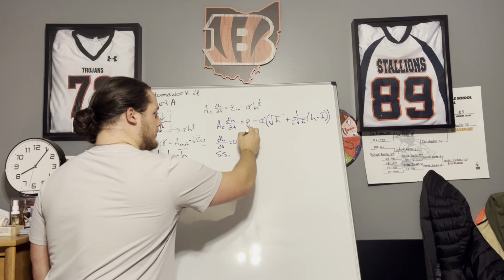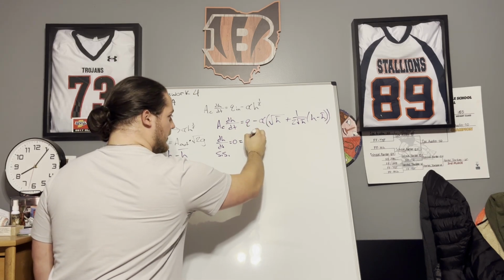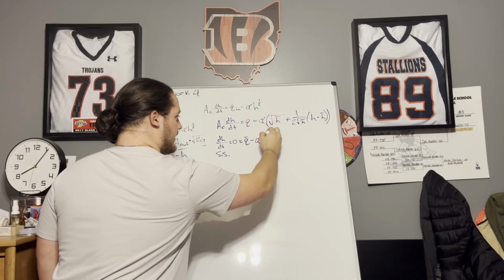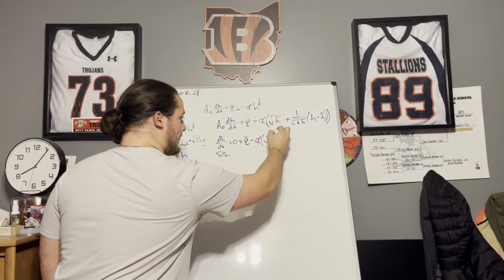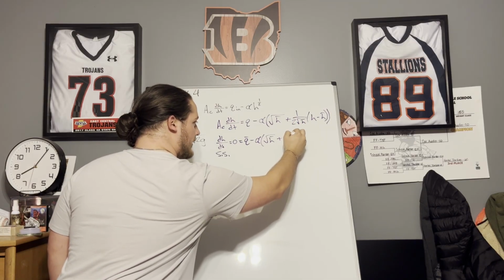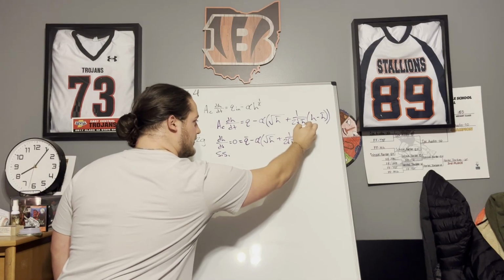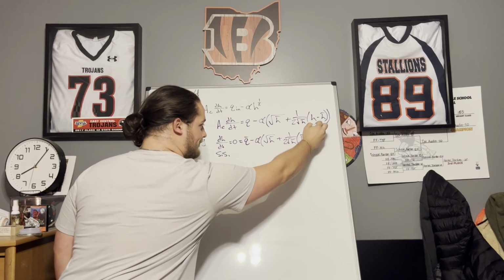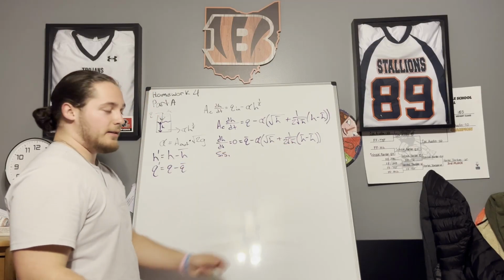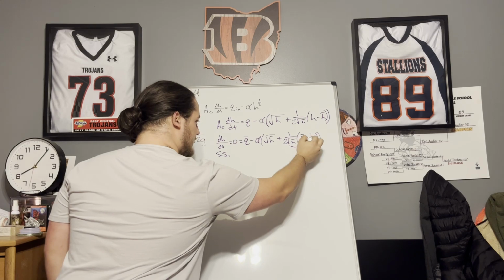So our q will turn into q bar, and then we will be again subtracting alpha and then multiplying by the square root of h bar plus 1 over 2 square root h bar, and then this will be multiplied by h bar minus h bar. So you can see on our right here, h bar minus h bar, that is going to be 0. So this term here is equal to 0, and it cancels out.